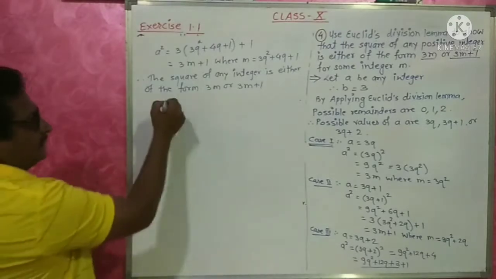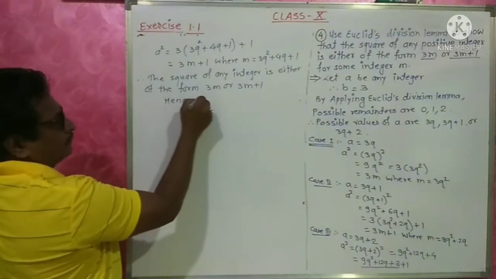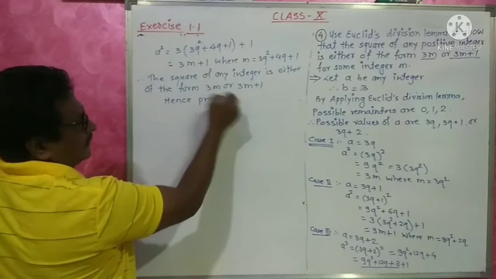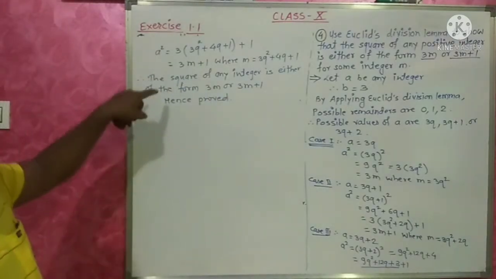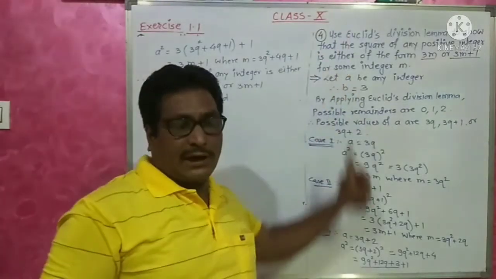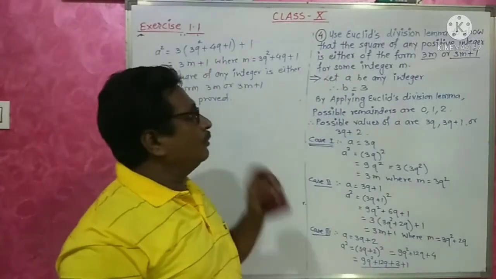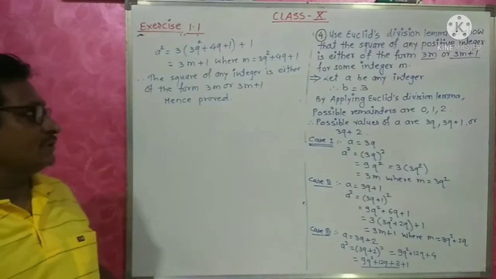Got it? Hence proved. In this way we have to do this. So I hope you now understand how to solve questions like these. Now we will go on to the next question.